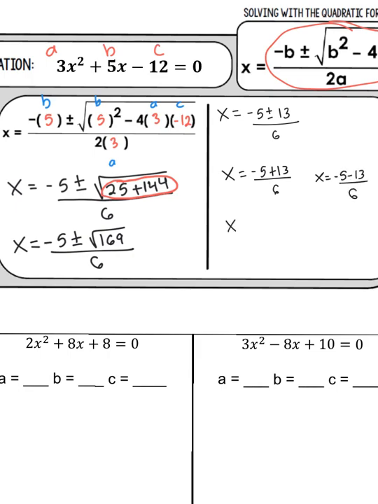So you're going to get two different answers here. So I get 8 over 6. You can take a 2 out of both of those, leaving you with 4 over 3 as one of your answers. And then on the other one, you get -18 over 6. And that one divides evenly as a -3. So I got two different answers.